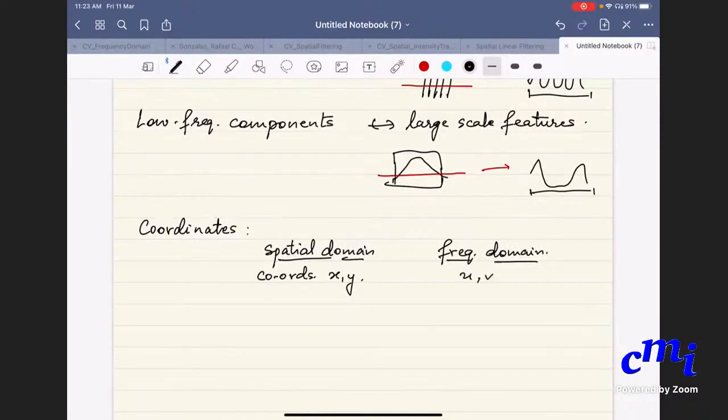What these stand for will be clear a bit later when we actually look at the Fourier transform, but these are both related to the intensity of the pixels. In one dimension at least, u represents the spatial frequency.